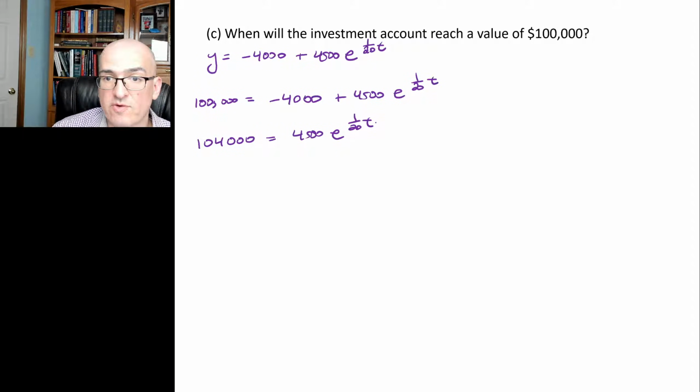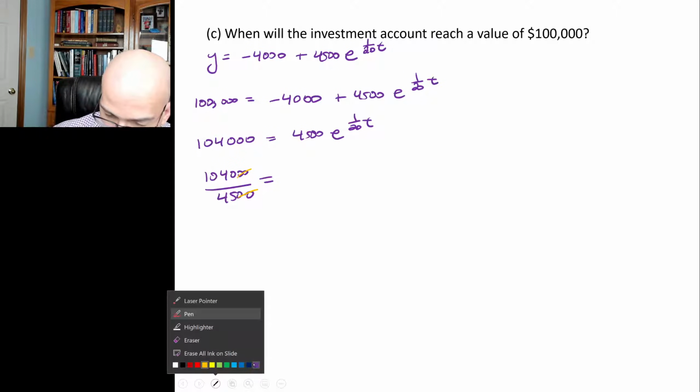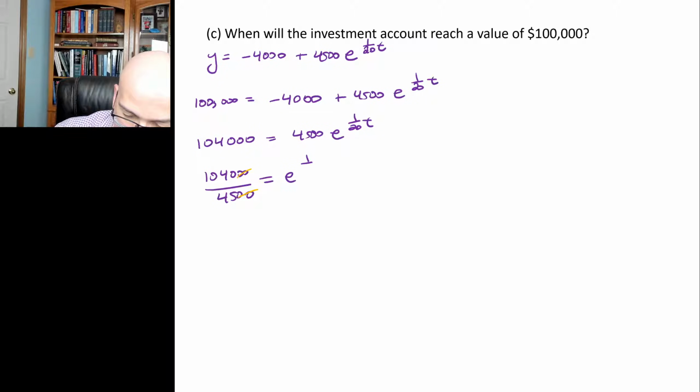Divide both sides by 4,500. We can get rid of the double zeros in the end. Cancel double zeros top and bottom. Then we can divide out a 5, I guess, but let's not do that. We're starting to get into the silly territory.